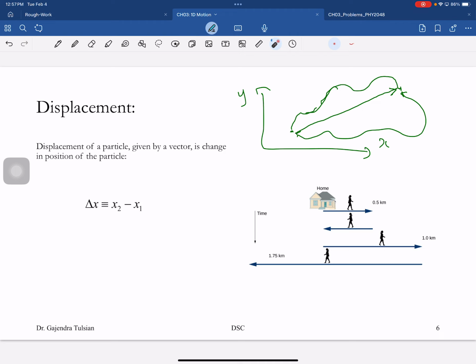So in 1 dimension, you can only walk back and forth. So if you start here and end up there, that's your displacement. Start here and there, that's your displacement. If you go this way, what is your displacement? The 0 vector. You come back to your starting point. If you go this way, your displacement vector is that vector.